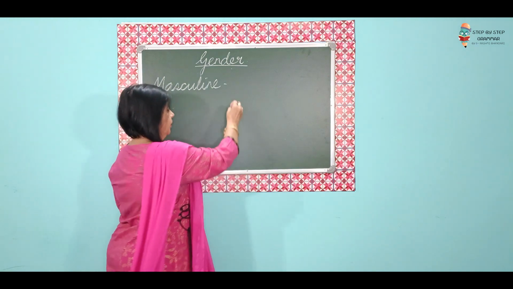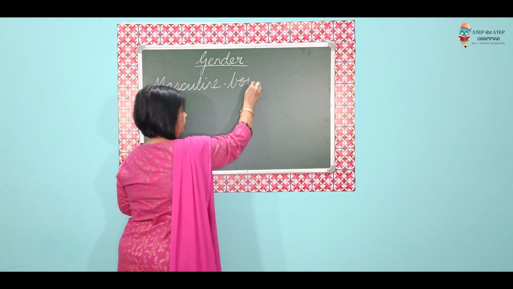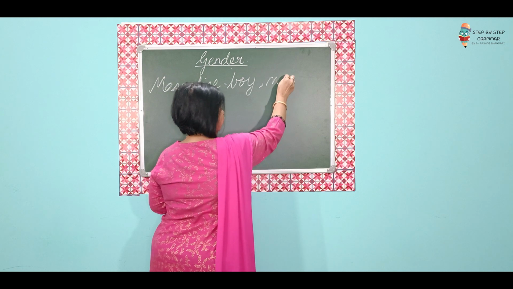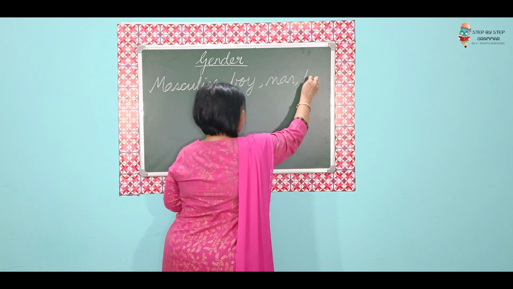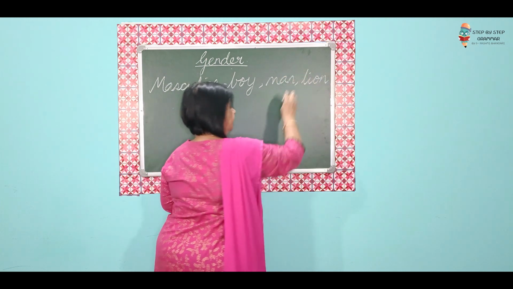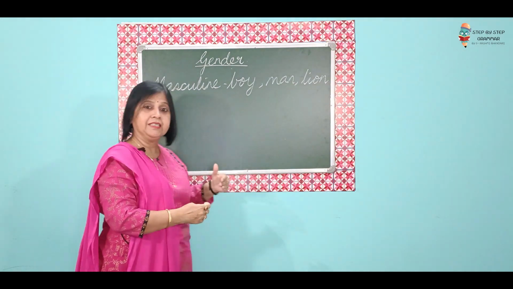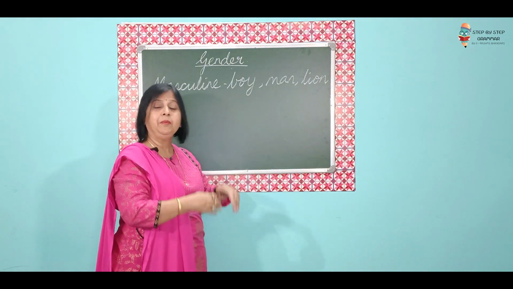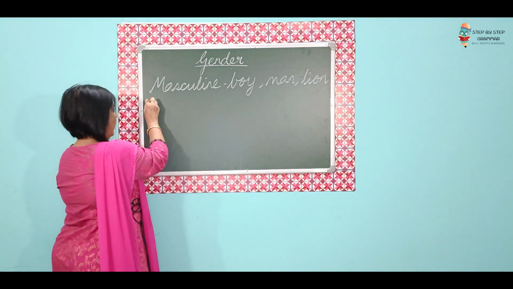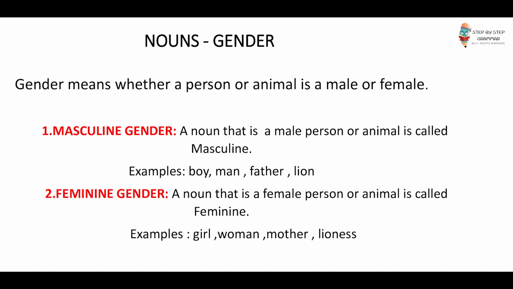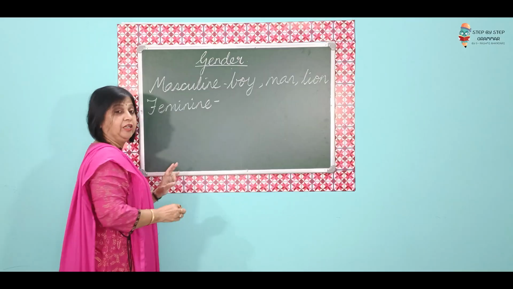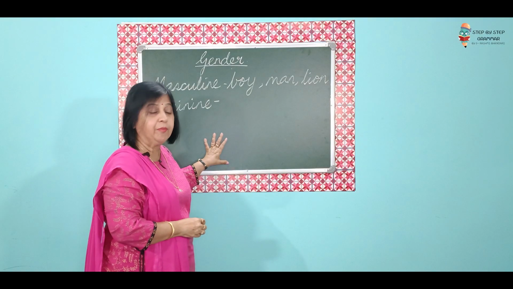For example, boy, man, and let's take an animal, lion. They are all males. And anything in the female gender, we call feminine. So these are the two main categories of gender, masculine and feminine.